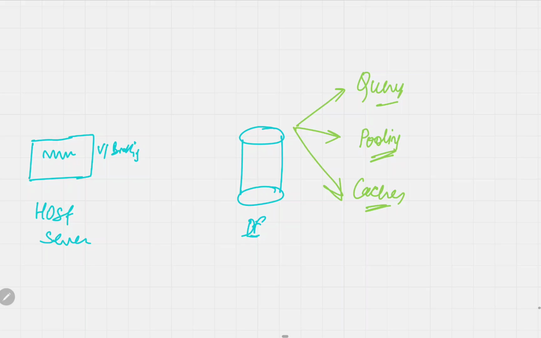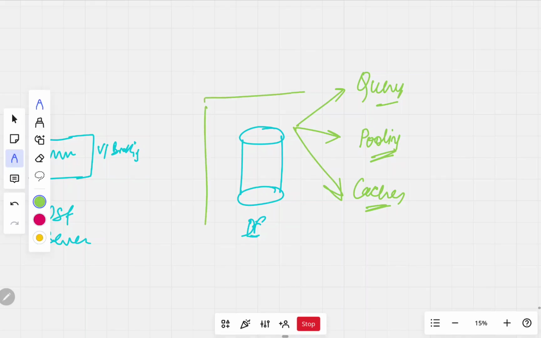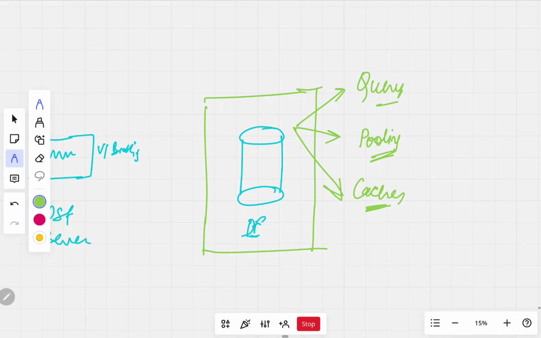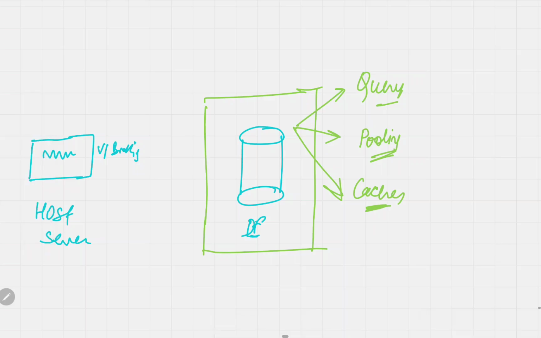Okay, and the most common place is the memory of a system. So here the DB service is running on a host, right? So we can think of ways of doing a cache at the DB level itself.